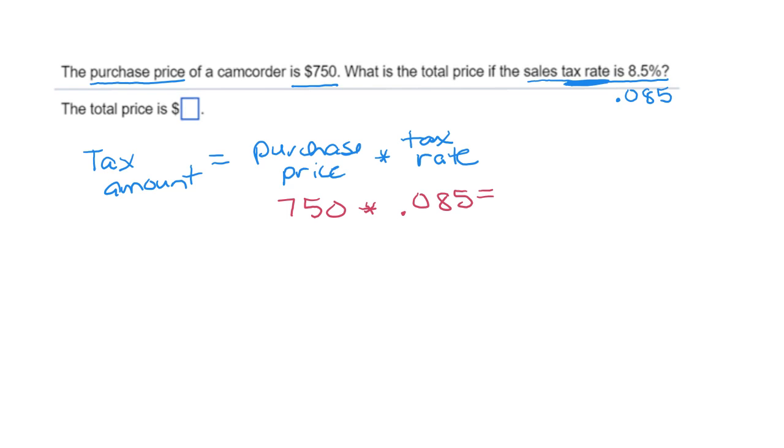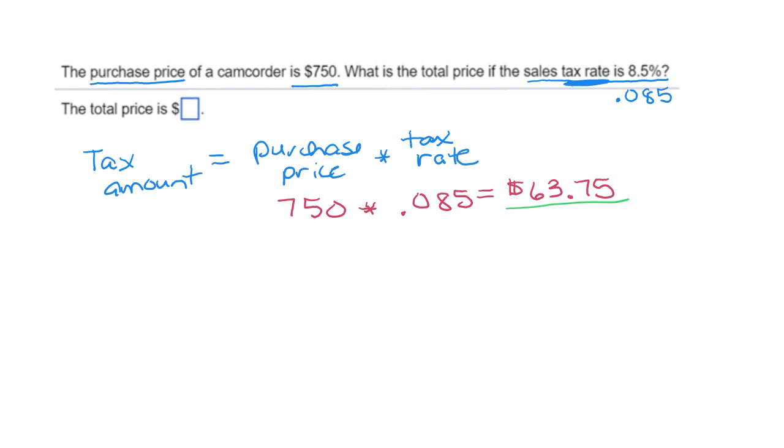In doing this, we're going to end up with a tax amount of $63.75. Okay, we're not done just yet. That's just the tax amount.